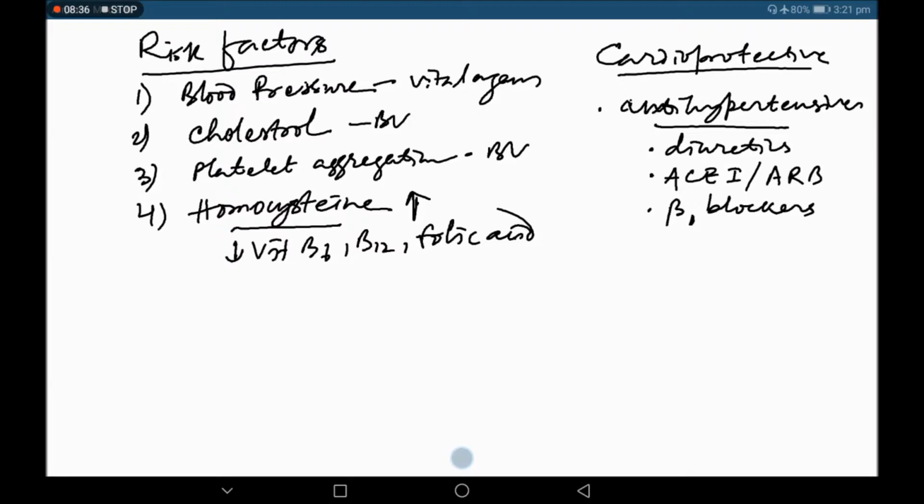A few examples: beta 1 blocker, atenolol; diuretics like hydrochlorothiazide; angiotensin receptor blocker like telmisartan, and ACE inhibitor like lisinopril.